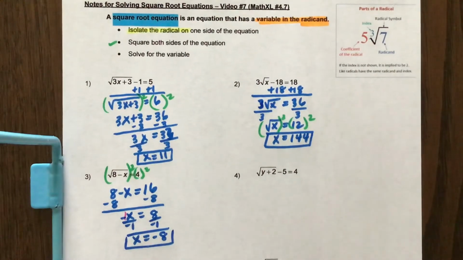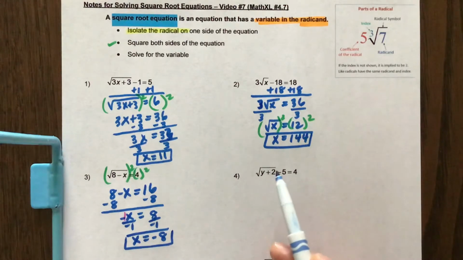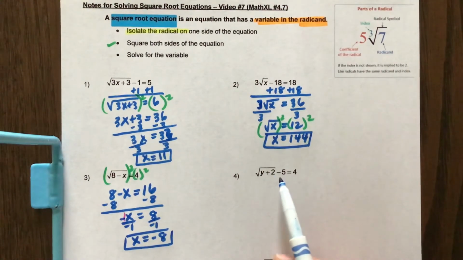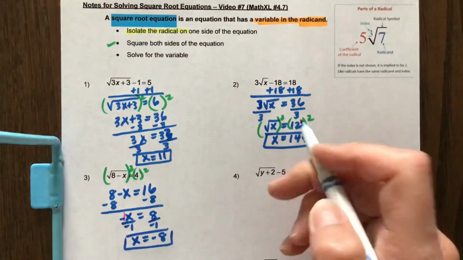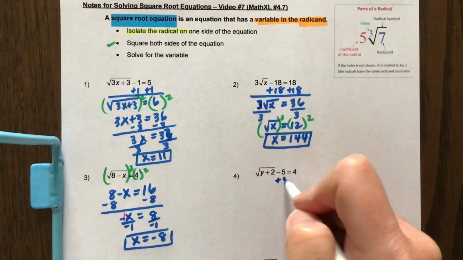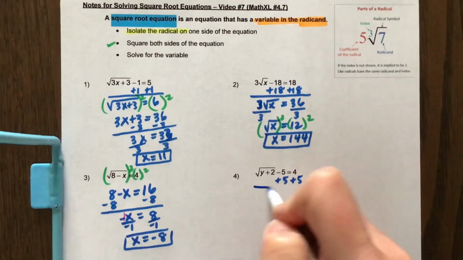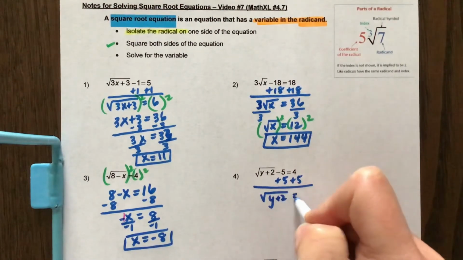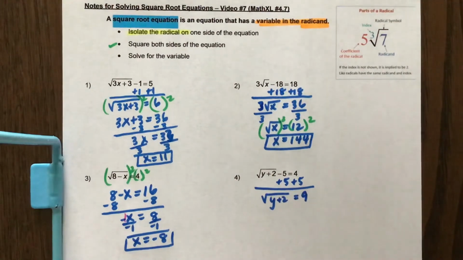On number 4, you can see that we've got this radical, but we have this -5 that is keeping it from being isolated. So we'll start by adding 5 to both sides. So now we have the square root of y plus 2 is equal to 9.